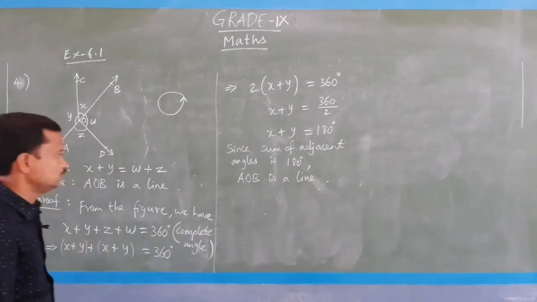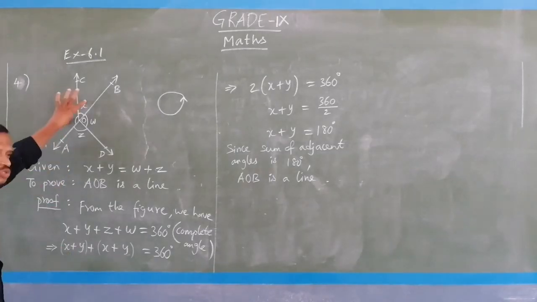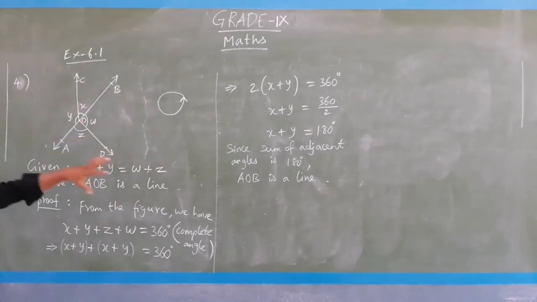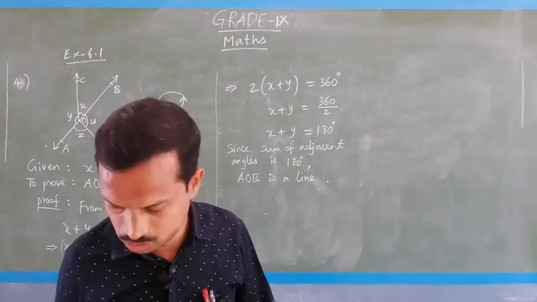If AOB is a line, then only the sum of these two angles will be 180. So, that is a linear pair of angles. So, we get 180 degrees. So, we can say AOB is a line. And now, moving to question number 5.